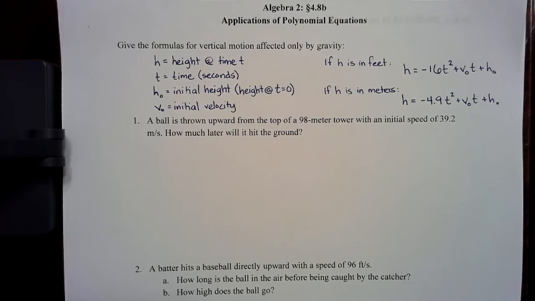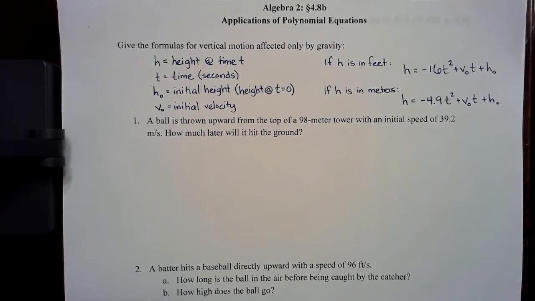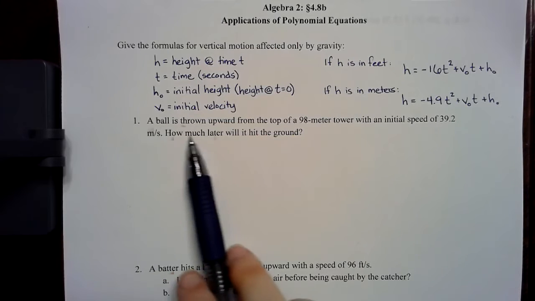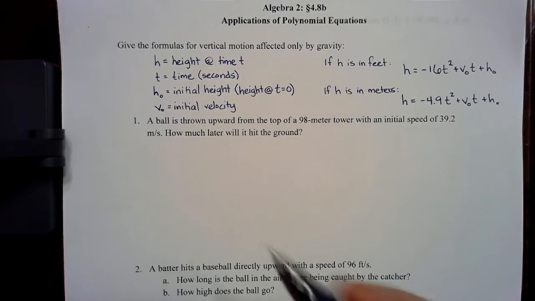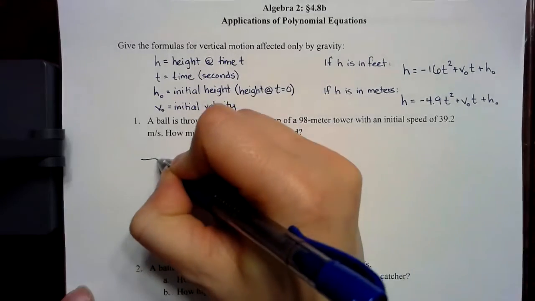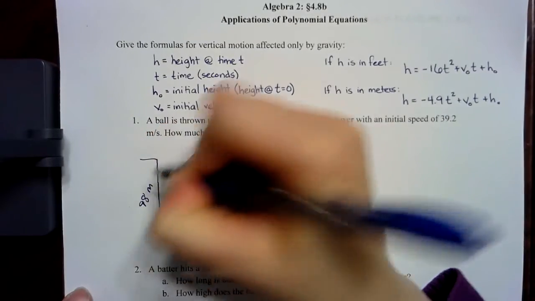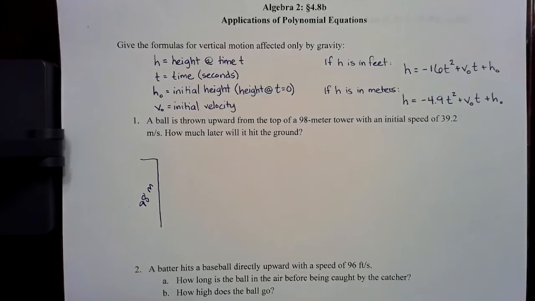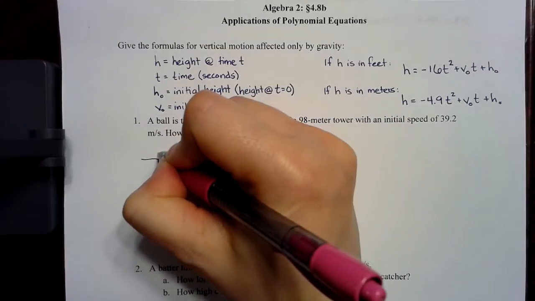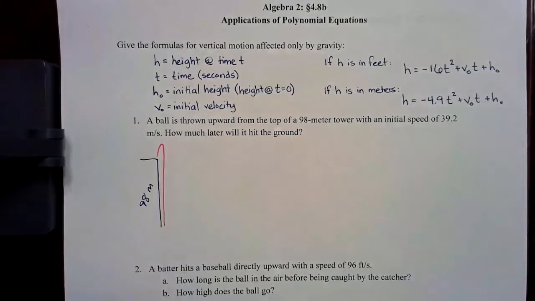So let's do a couple of examples using these formulas. So, in example 1, a ball is thrown upward from the top of a 98-meter tower with an initial speed of 39.2, so we're throwing this ball up, and then it comes down.